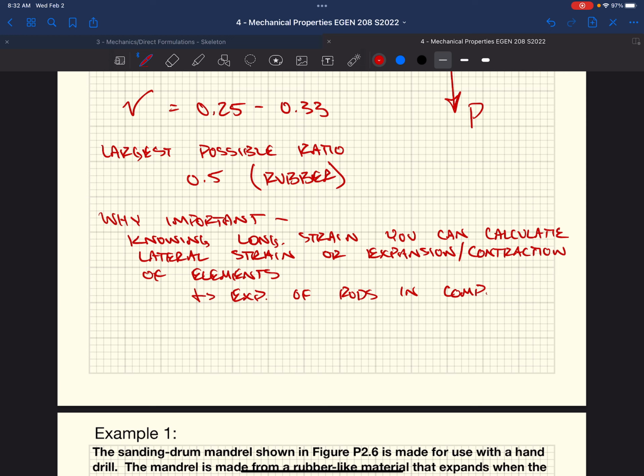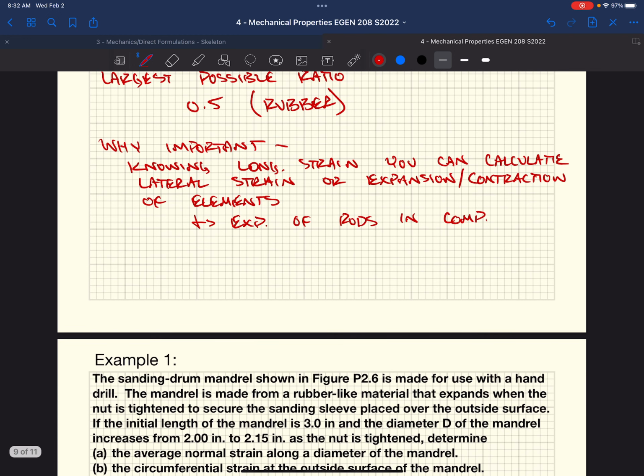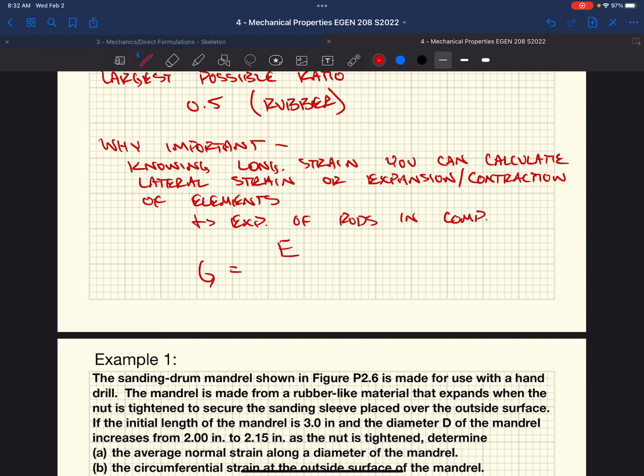This comes into play later on in the class when we start talking about torsion, because we put things into shear stress and we look at shear strain of torsional rods or rods in torsion. Well, there's a cool relationship between our Young's modulus and our Greek symbol. Okay, that's what that is right here, Greek symbol.